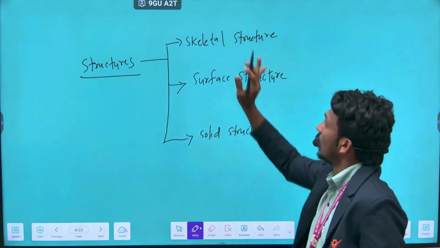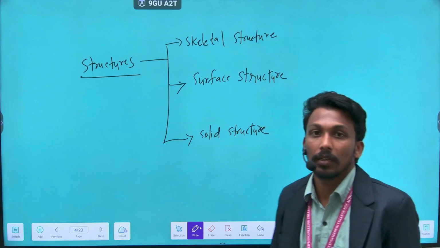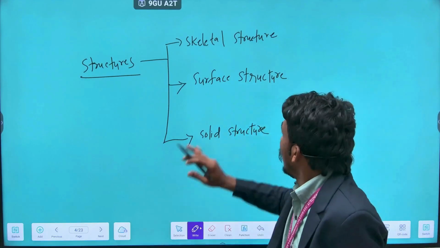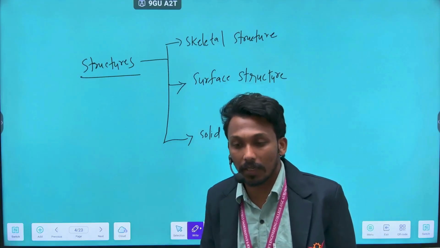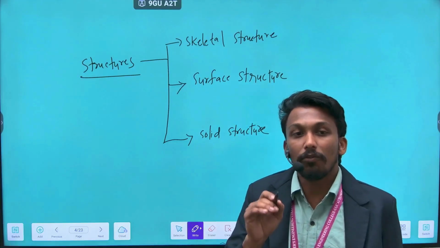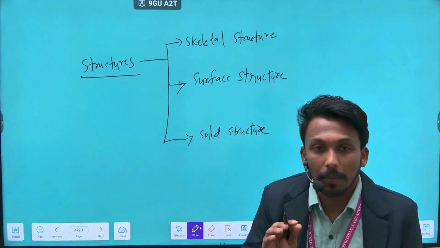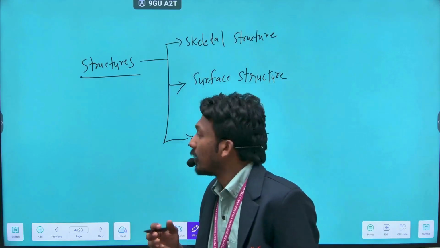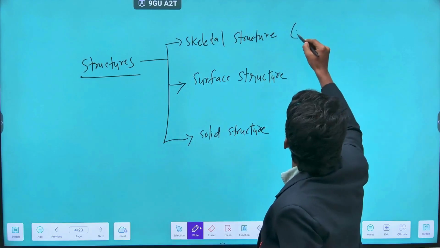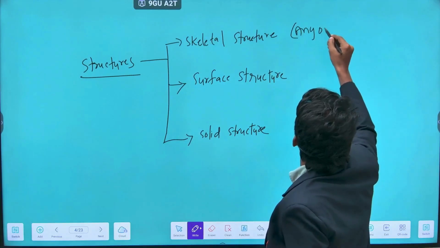Now let us understand what is a skeletal structure. A skeletal structure is the one in which any one dimension of the member is predominant.